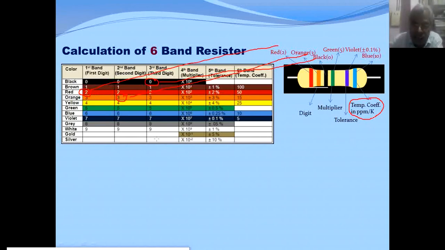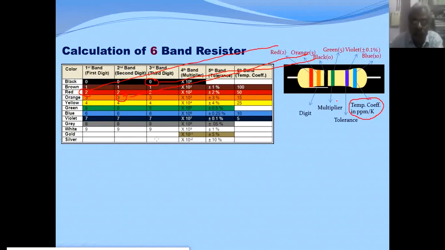If we increase the temperature by 1 degree, either in degree Celsius or in Kelvin, then 10 parts per million will be added to the actual resistance of this resistor. And if we decrease it, then it will decrease by 10 parts per million per degree Kelvin or per degree Celsius.